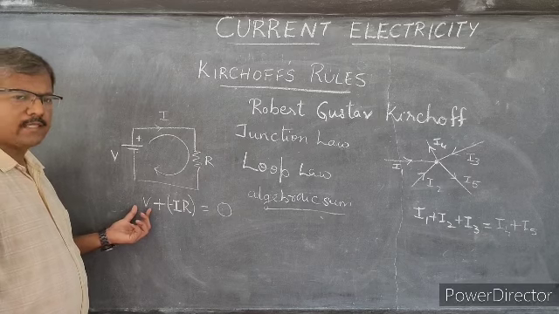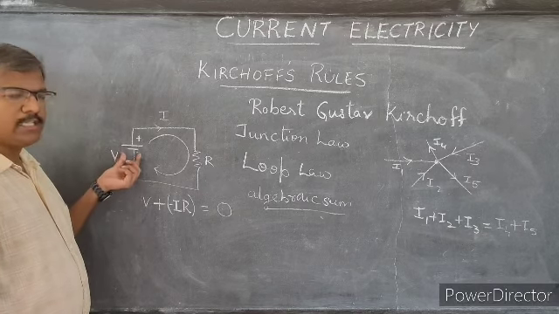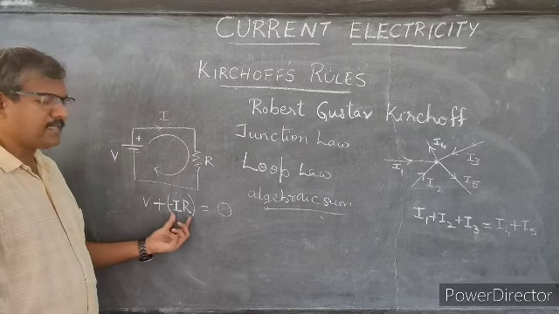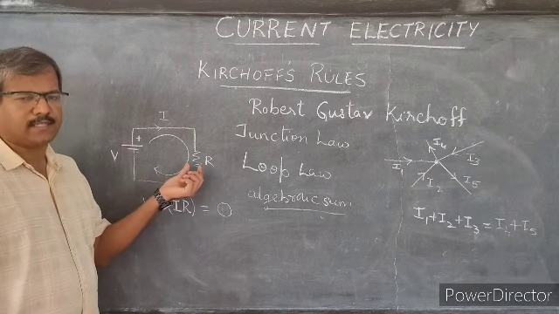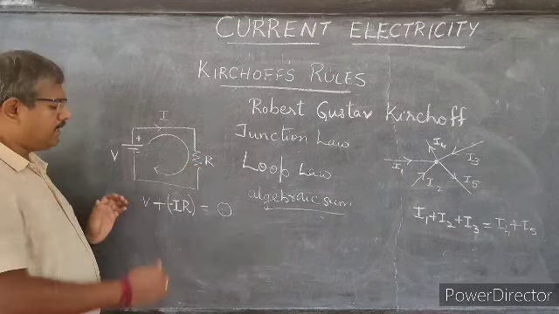It equates the potentials due to cells as well as the potential difference across resistances. The net sum of both these should be 0. That's why we take the algebraic sum.